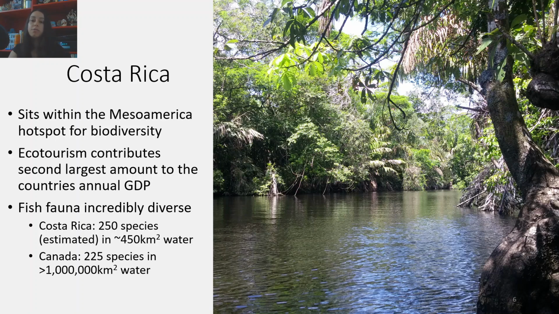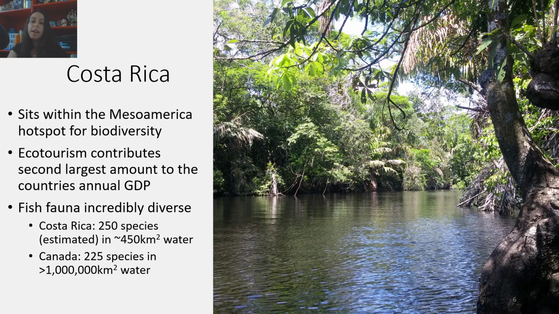With regards to the fish fauna, as I mentioned before, the fish fauna in Costa Rica is incredibly diverse. To provide a comparison to a potentially more well or better understood fish assemblage, we can take a look at Canada. So Costa Rica is currently estimated to hold around 250 species of fish and around 450 kilometers squared of total water area, with Canada holding around 225 species and over 1 million kilometers squared total water area.